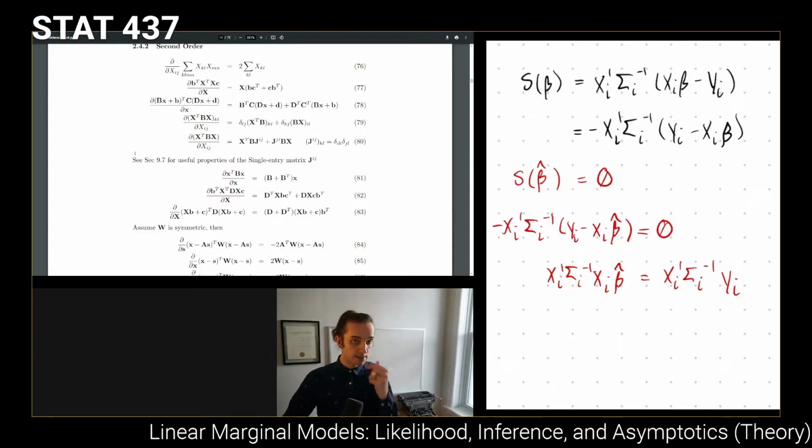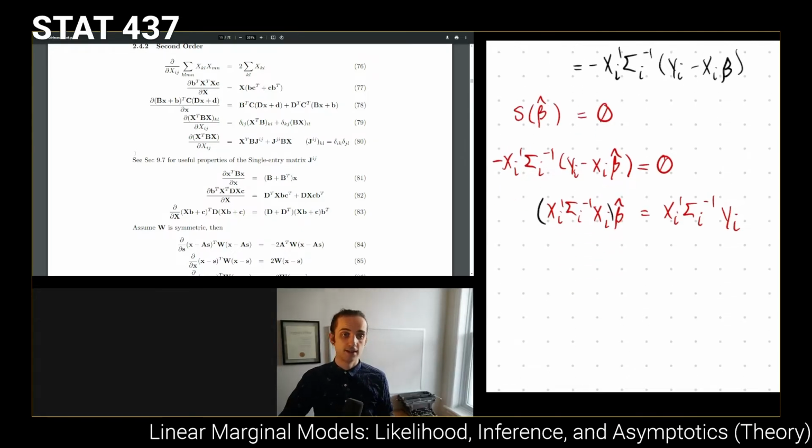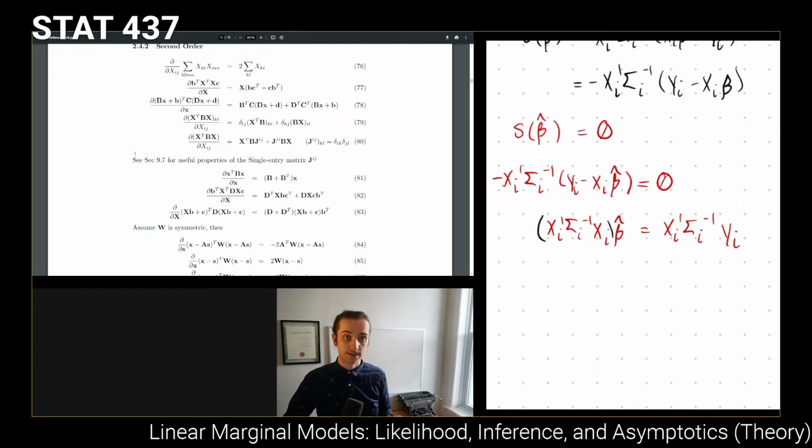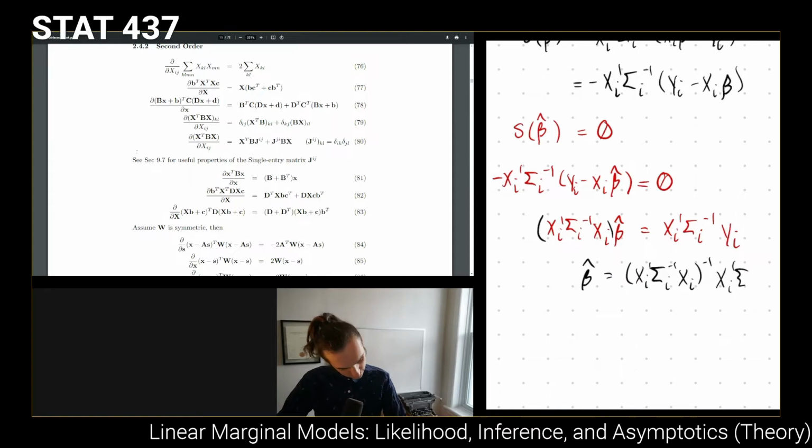If we treat this term out front as one matrix itself, an invertible matrix, and for some reasons it's typically going to be invertible, then we get beta hat equals (Xi transpose sigma i inverse Xi) inverted, times Xi transpose sigma i inverse yi.